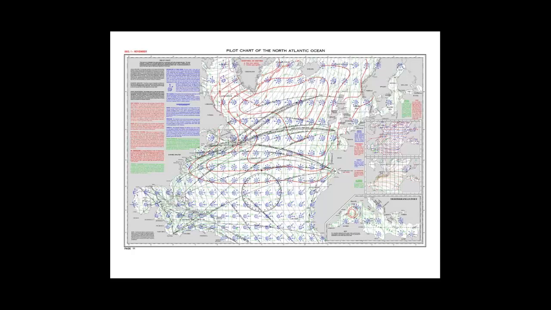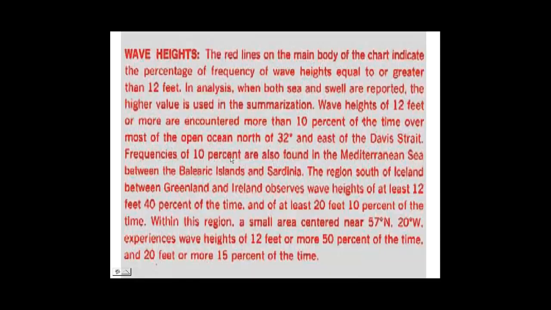And it includes a historical summary of weather data. These big red lines on here are the boundaries of wave heights. These are wave height probability circles, and I'll show you some details on that. And these little circles here with the arrows are the wind roses for each location on this chart, for each 5-degree rectangle on the chart.